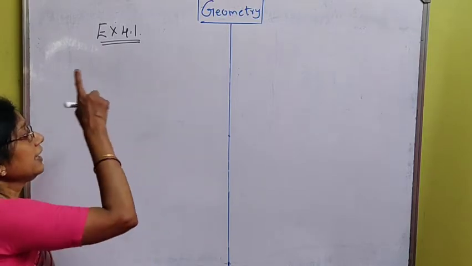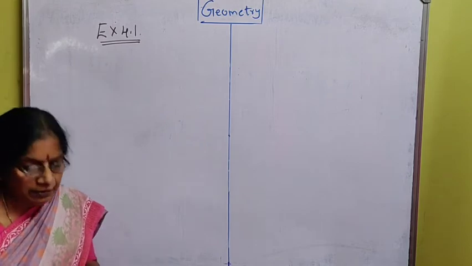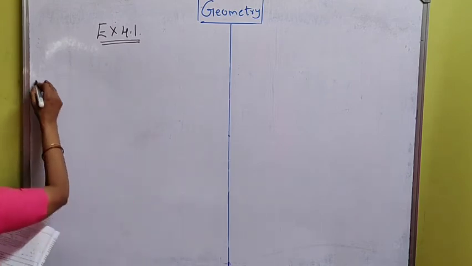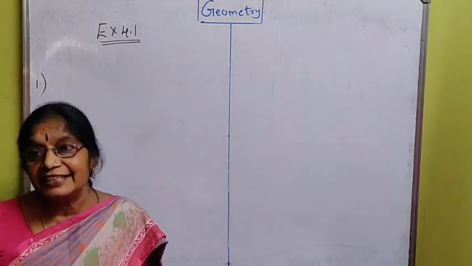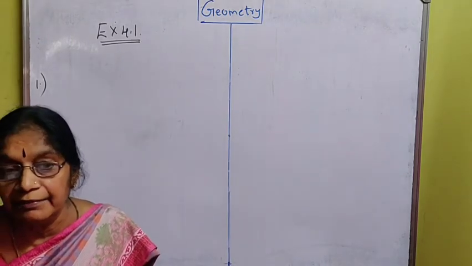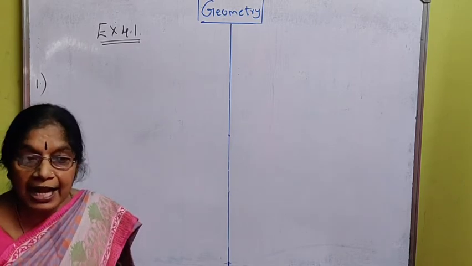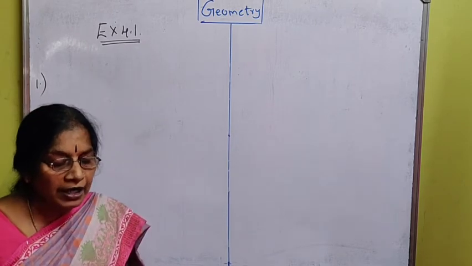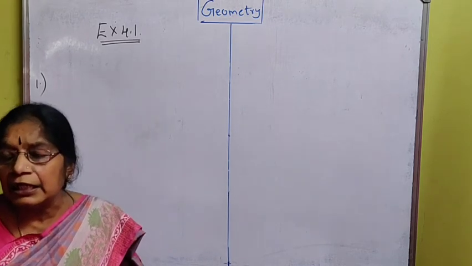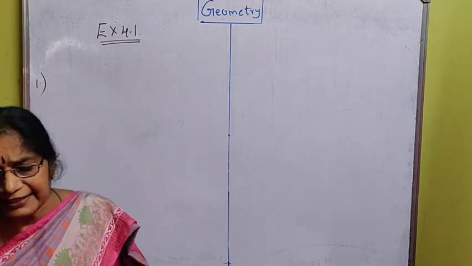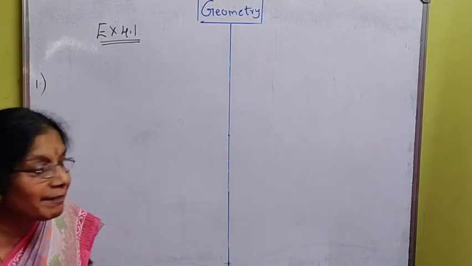Now we will see the sums of exercise 4.1 based on the theorem we saw. What does the first sum say? How many tangents can a circle have? Very important. How many tangents can be drawn to a circle? I told you we can draw innumerable secants. When all these secants move towards the right side or left side or up and down, they all become tangents.